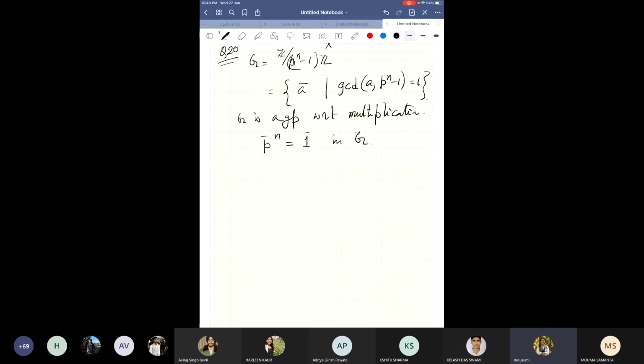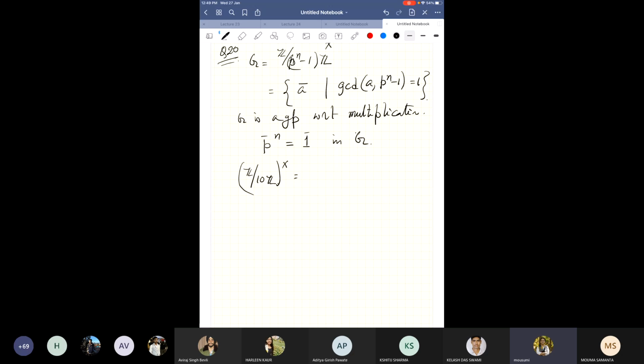So let us just consider Z quotient 10Z. Forget about P^n - 1 and all. Just consider the group (Z/10Z)^×. What is that?